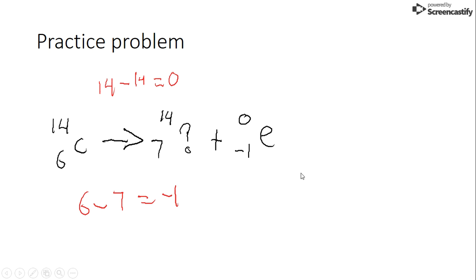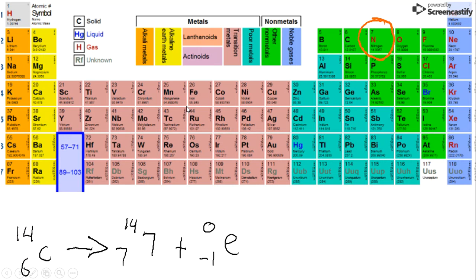So then we put 7 down there. But we do not know the element yet. So if we look at the periodic table, the element that has 14 and 7 as the atomic mass and number is nitrogen. I don't know why I wrote a 7 there. I meant that to be an N.